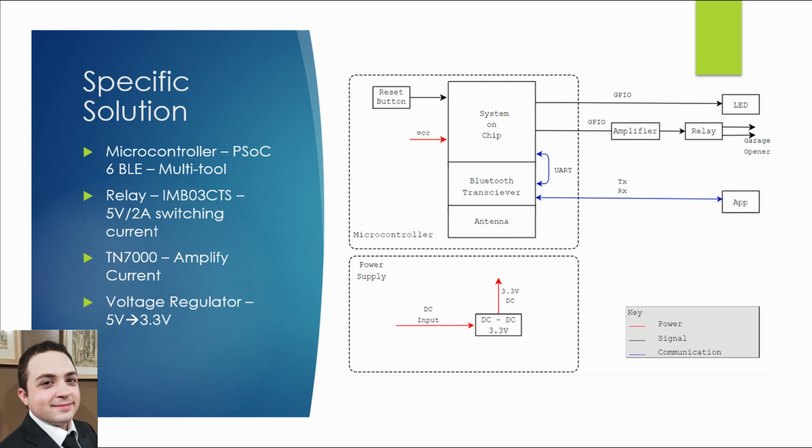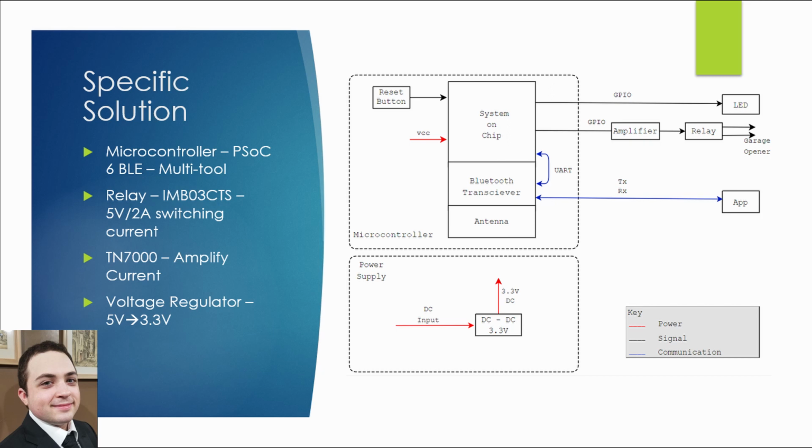When it came to picking components for our project, we decided that the PSOC 6 was the best microcontroller we could go with because it was a multi-tool of a microcontroller. It had a Bluetooth transceiver and receiver, and it could also output a little bit of current from the GPIO pins.